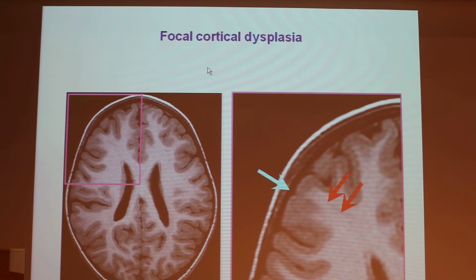Here, for example, a focal cortical dysplasia. You see here, perhaps, yes, the focal cortical dysplasia, as I saw. Here, the cortical dysplasia, but it is very, very difficult. The neurosurgeons don't want to go here.